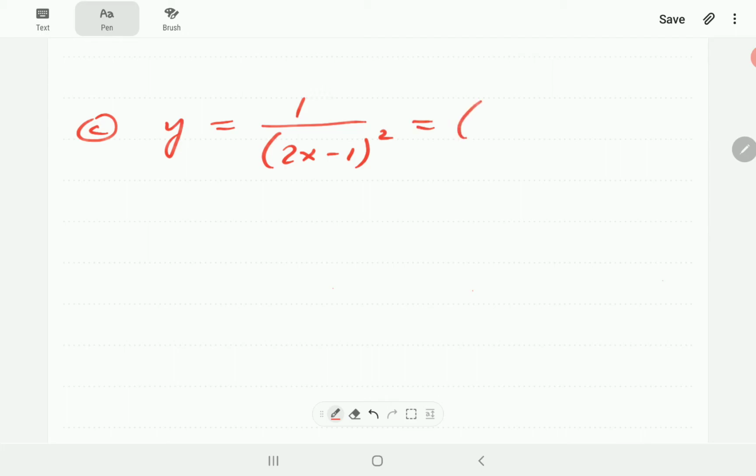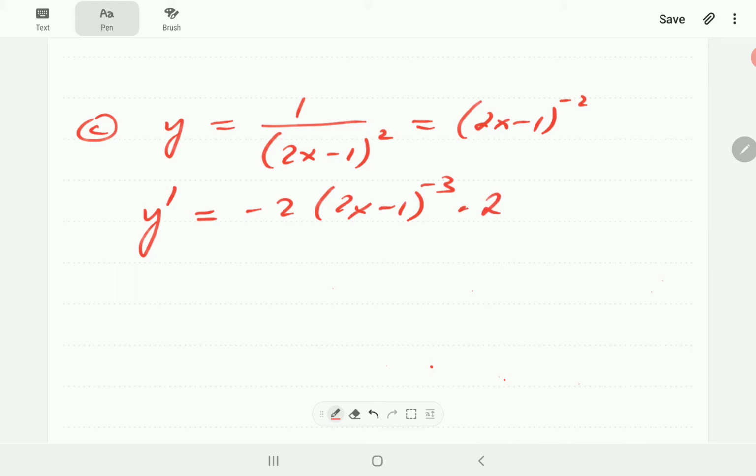So we are just going to bring 2x minus 1 squared to the numerator, and then we can differentiate this using the chain rule. So the first order derivative is going to be -2, and then 2x minus 1 to the power -3. Then the derivative of this is going to be 2.